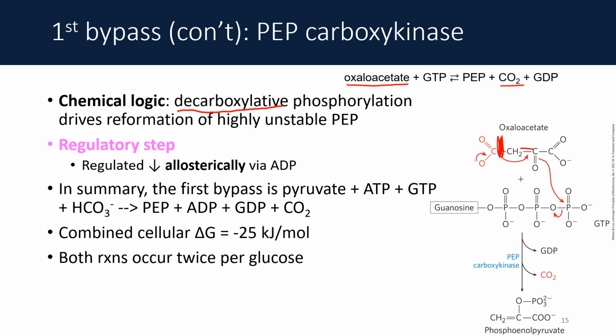And that's going to prompt this CO group in the middle to become phosphorylated with the help of GTP, which you can kind of think of as ATP. It's also a source of energy and a phosphoryl donor.